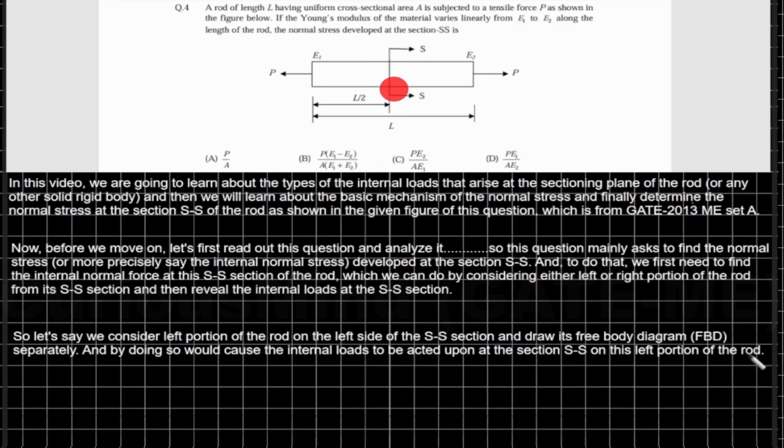Therefore, those loads that act at the SS section of the left portion of the rod maintain the same condition of this left portion of the rod which was before the sectioning of the rod at the SS plane. Alright, so that's how the internal loads arise after the sectioning of a rigid or a solid body.